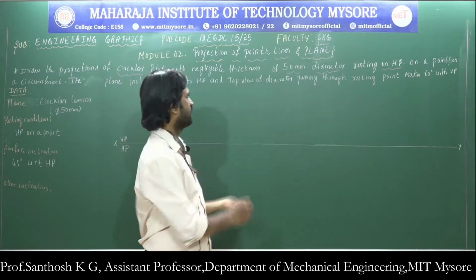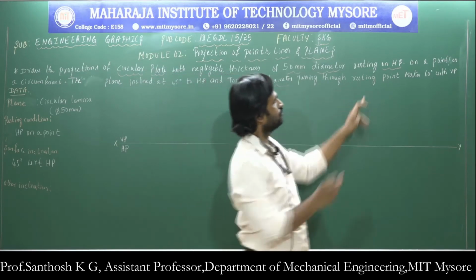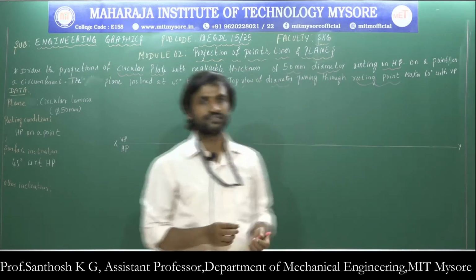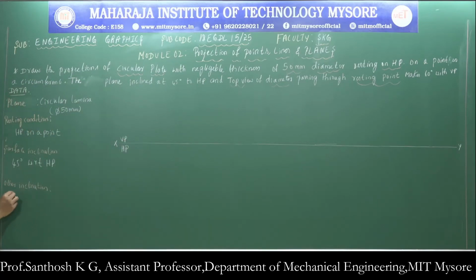The other condition given is the top view of the diameter passing through the resting point, it is making an angle of 60 degrees with VP. So, the top view of the diameter, it is making 60 degrees with VP.